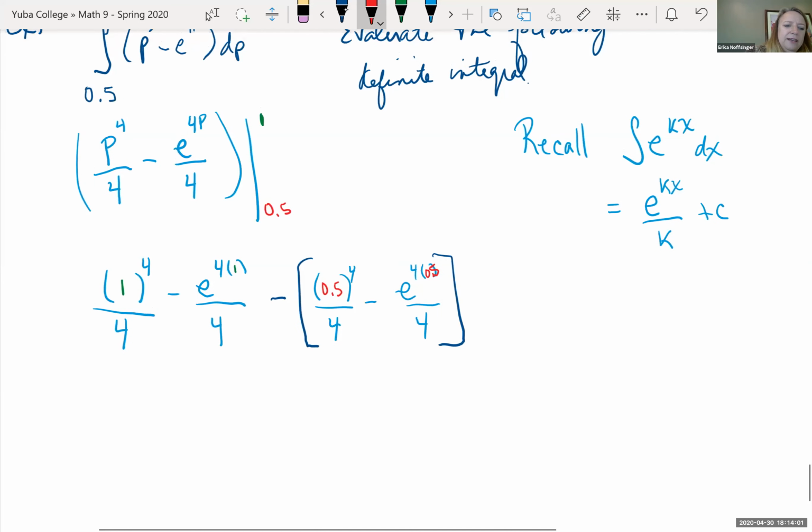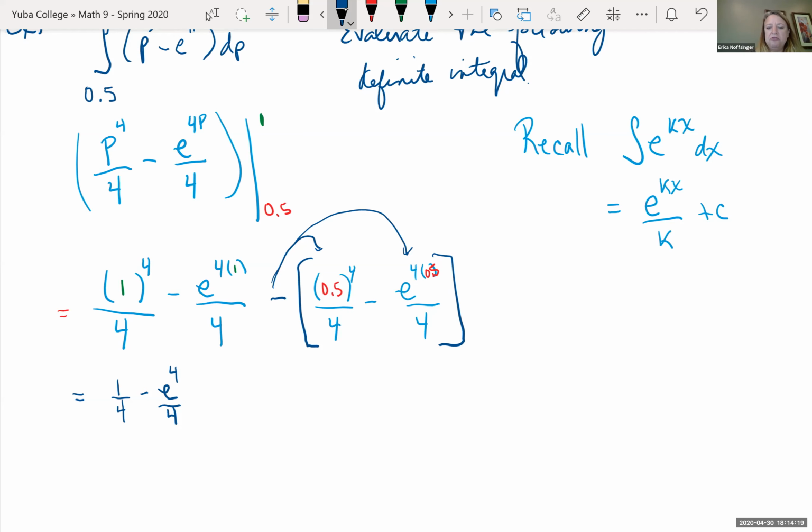So simplifying, we got 1/4 minus, this is really e to the 4th divided by 4. Let's distribute that negative.